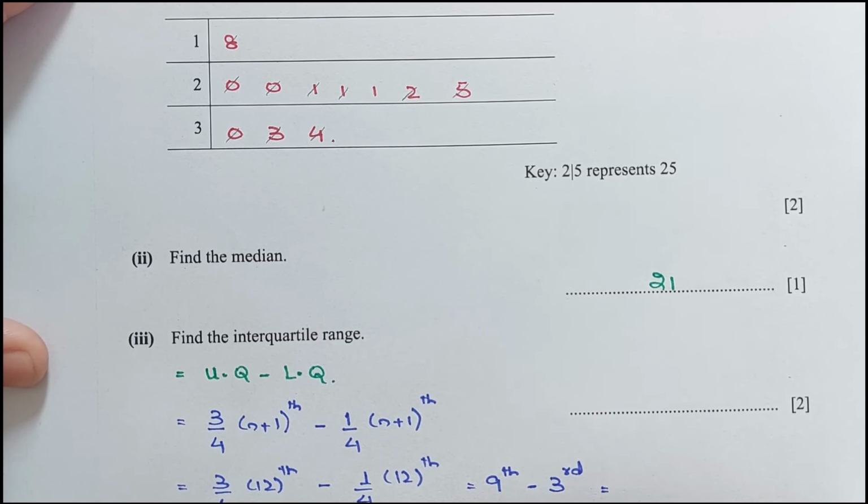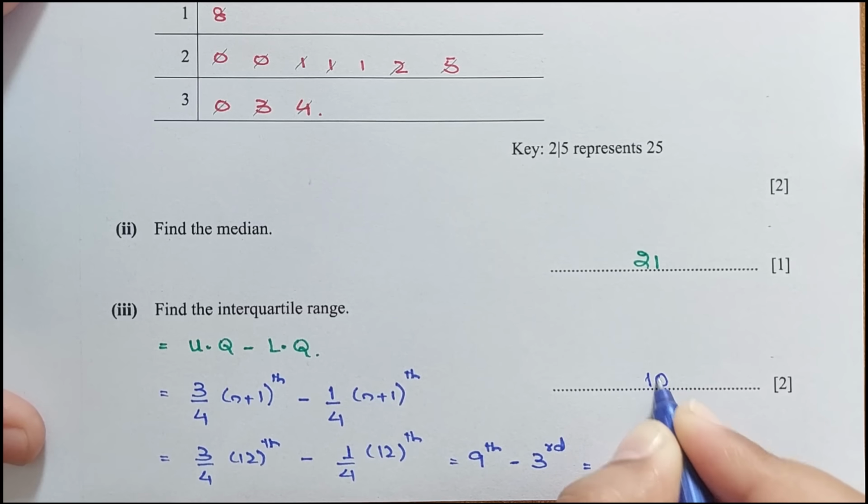Pick the 9th one: 1 2 3 4 5 6 7 8 9. So this is 30. The 9th value is 30, and the third, 1 2 3, is 20. So 30 take away 20 is 10. 10 is the interquartile range.